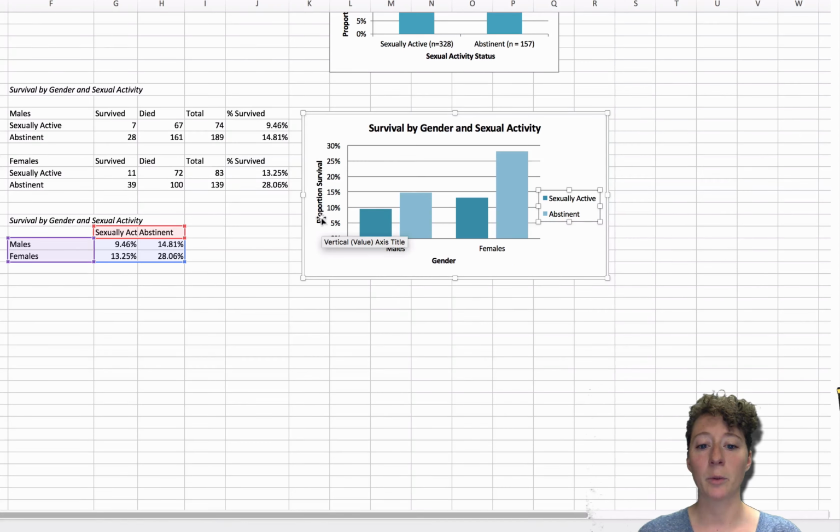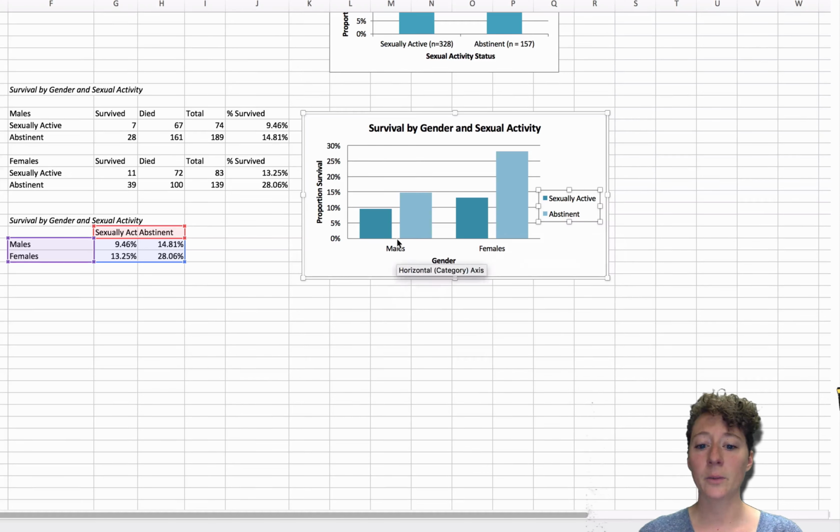As always, we have proportion survived. And in this case, I'm putting the fixed predictor, gender, across the x-axis, and the sexual activity in the legend. And those are appropriately labeled, they make sense, and the colors are easy to distinguish, even if we were printing this in black and white.